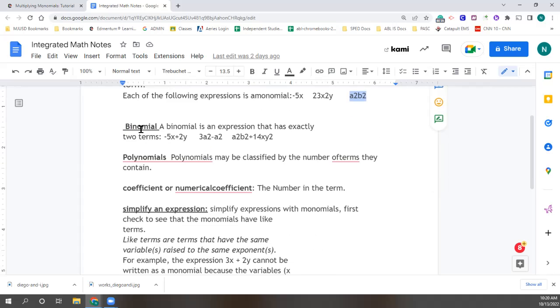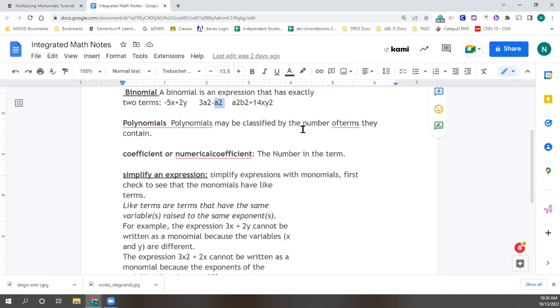A binomial is an expression that has exactly 2 terms. Bi as in bicycle, 2 wheels. So notice that this is 1 term, negative 5x, plus 2y, the second term. 1 term, 3a², the second term, a².